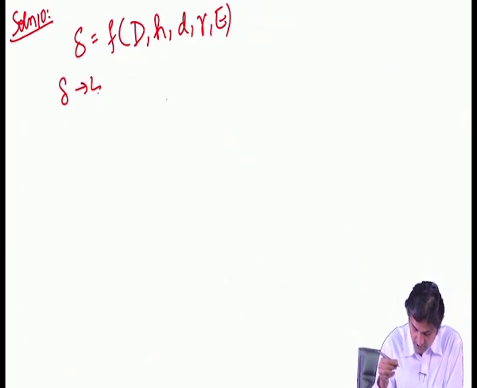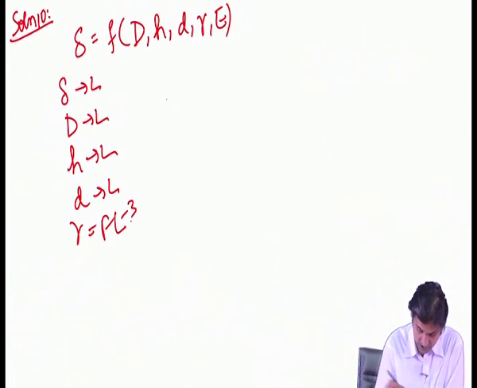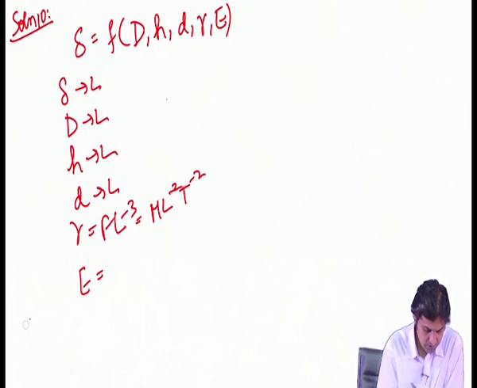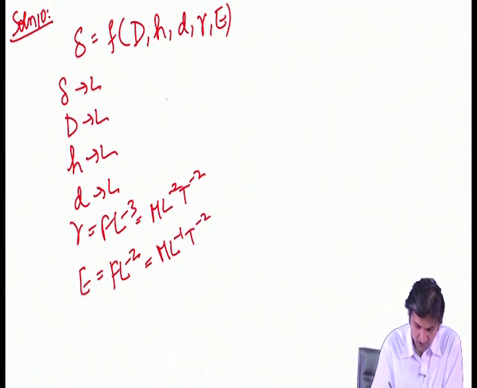Dimension here is length L, D is also length, h is also length L, okay, small d is also length L, gamma is FL minus 3, or we can write ML minus 2 T minus 2, E is FL minus 2 or ML minus 1 T minus 2. All right.